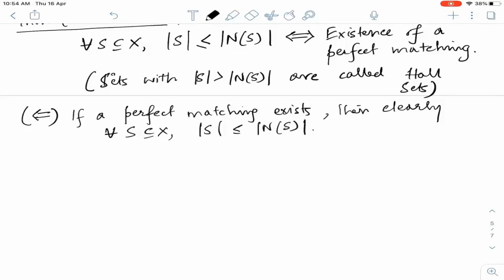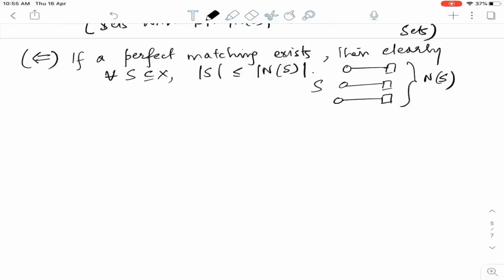This is very straightforward. You pick your favorite set S. Remember I have a perfect matching. If I have a perfect matching, that means that something like this exists. So if this is S, then this is the neighborhood of S. So I know that the neighborhood of S contains at least as many vertices as S, by the existence of the perfect matching. So this side is very straightforward.